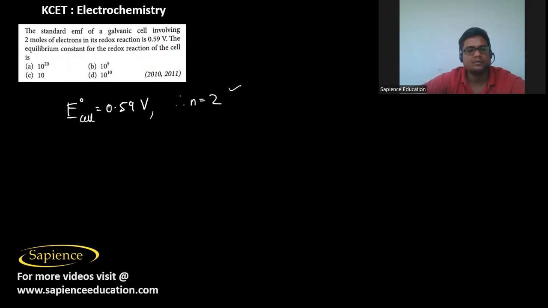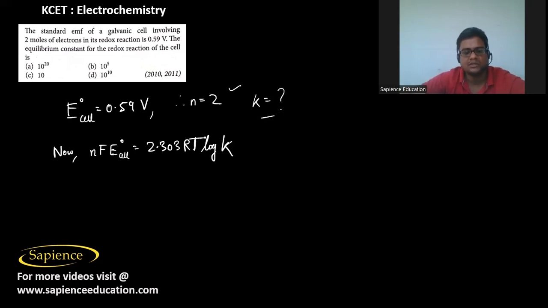Now the equilibrium constant for the redox reaction of the cell is, as we know, nF E naught cell equals 2.303 RT log K.